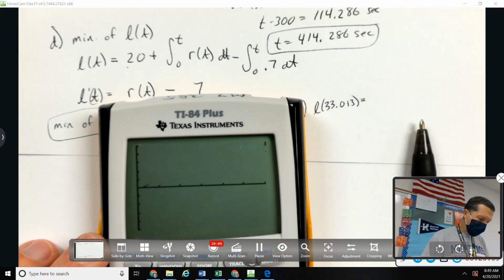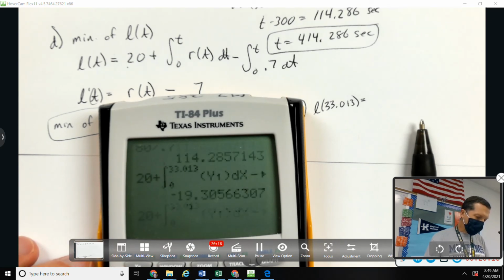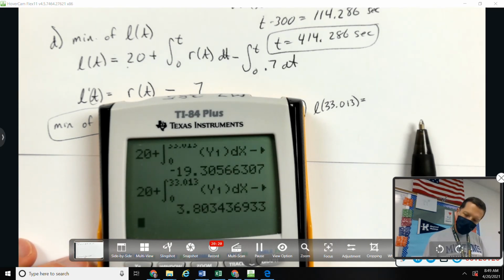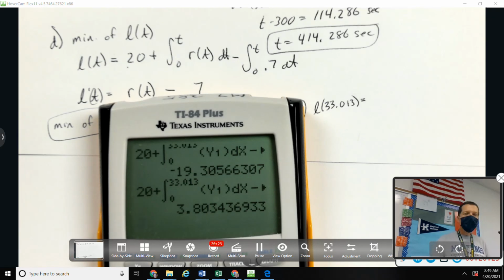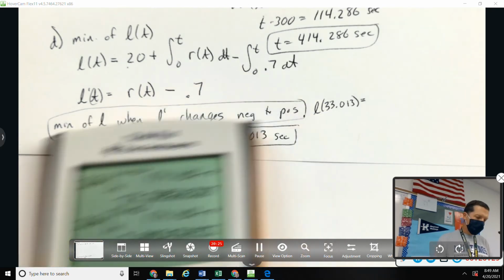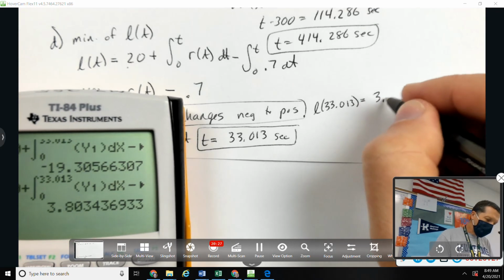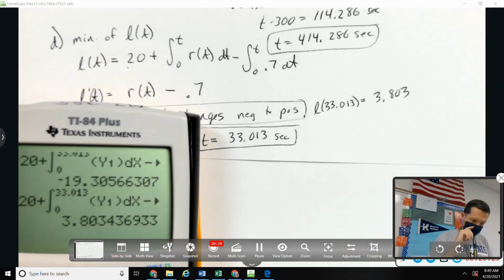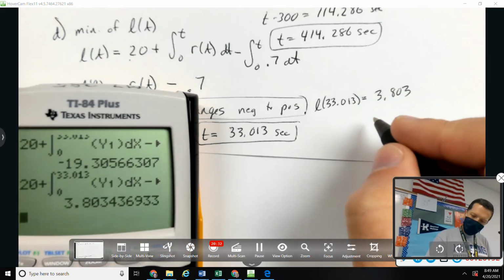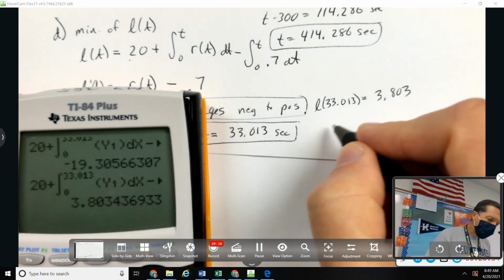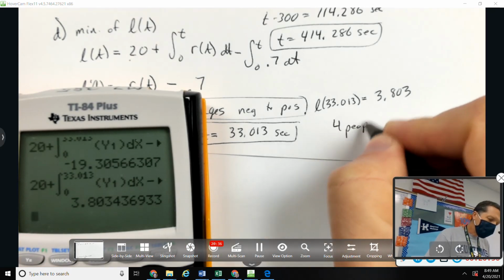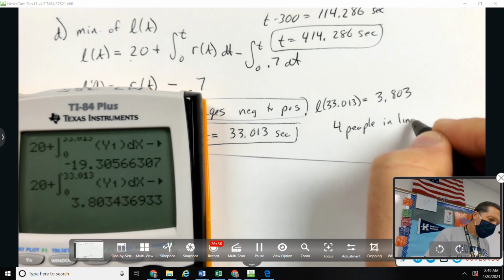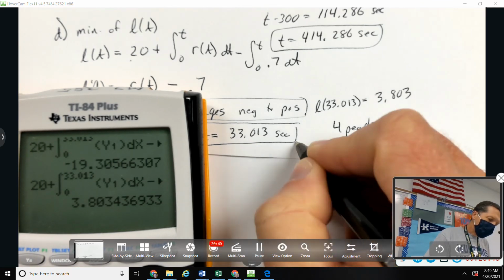Oops. Quit. Press enter again. There we go. 3.803. That was the minimum, except it said to the nearest whole number, so 4 people. At 33 seconds.